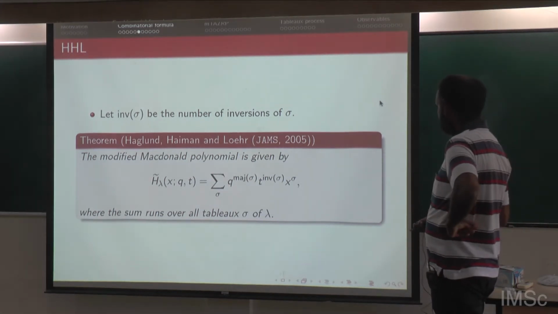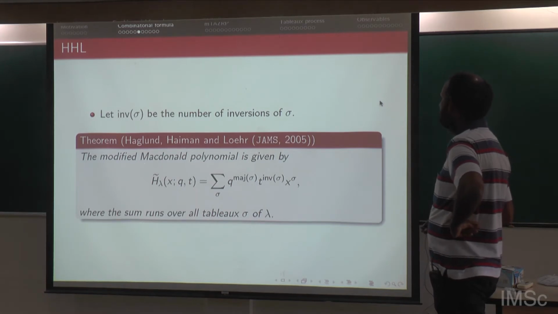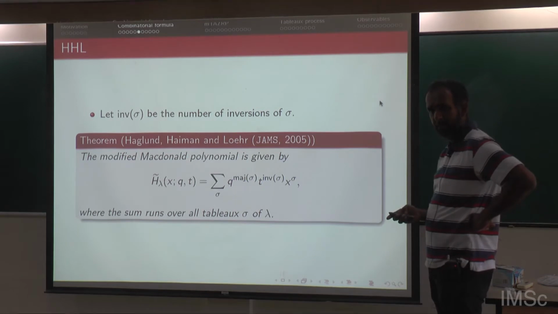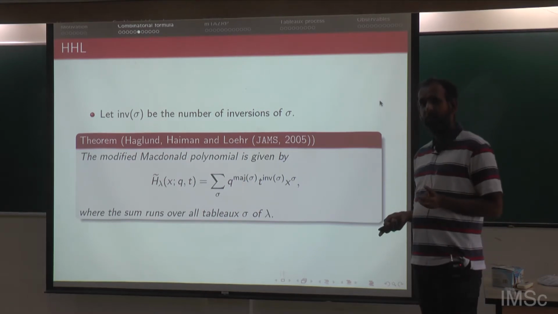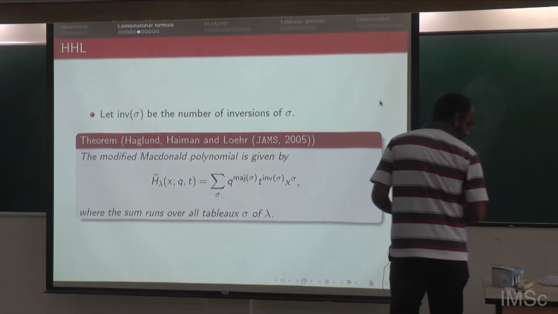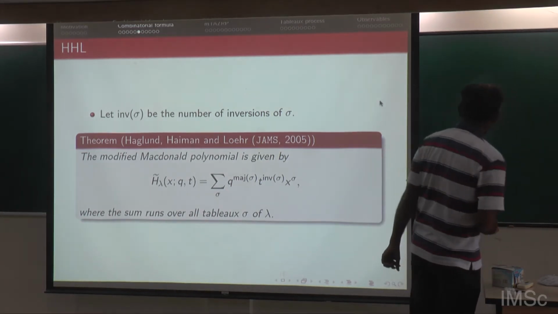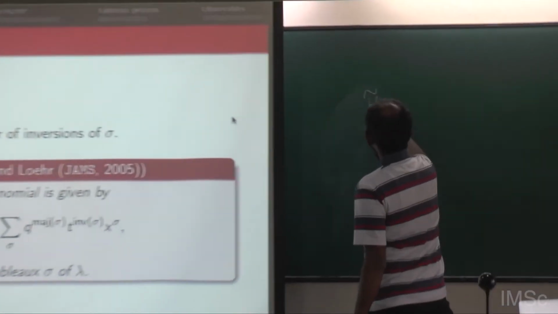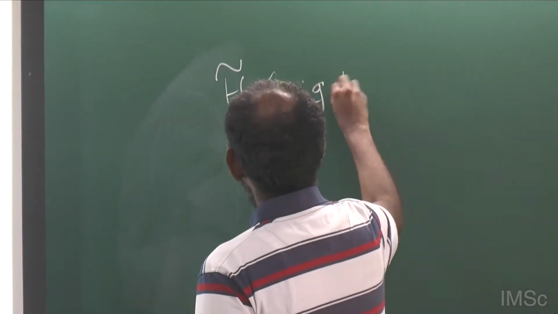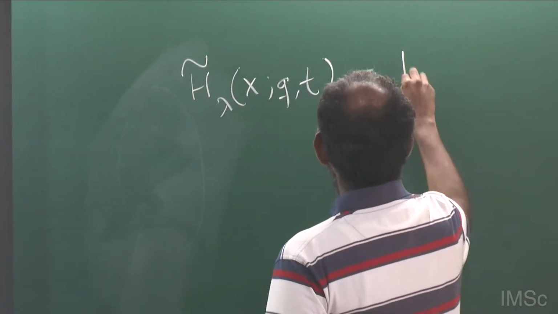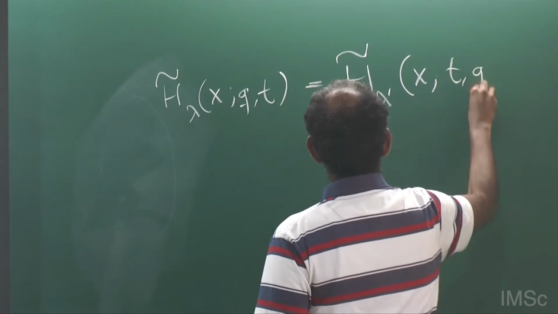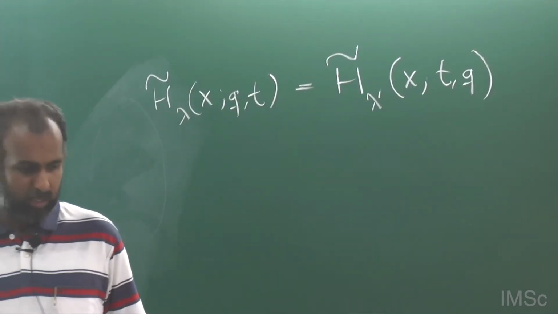So the theorem, this remarkable theorem of Haglund-Haiman-Loehr, is that the modified Macdonald polynomial can be written as a sum over all tableaux, q to the maj, t to the inv, x to the sigma. I forgot to mention one thing, that there's another nice thing about the modified Macdonald polynomials: H tilde lambda of x; q, t is equal to H tilde of lambda prime of x; t, q.